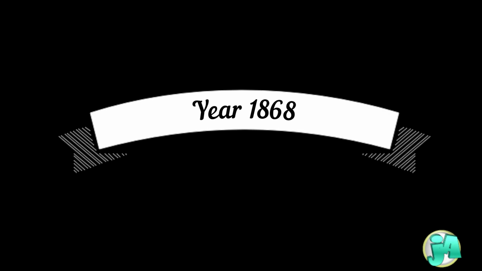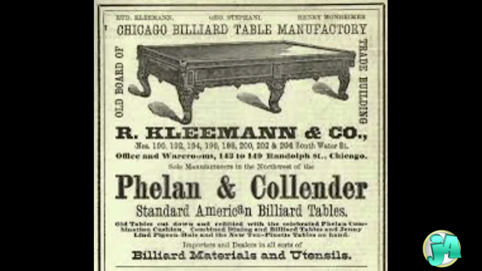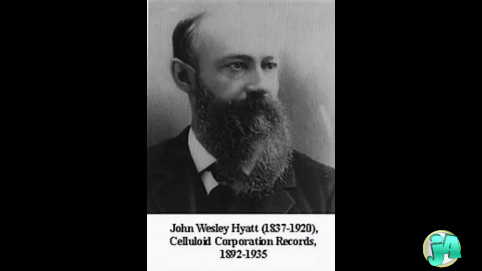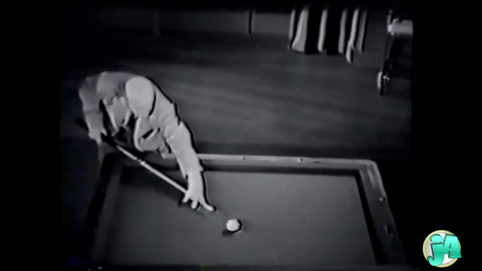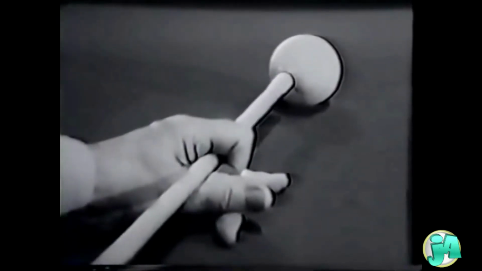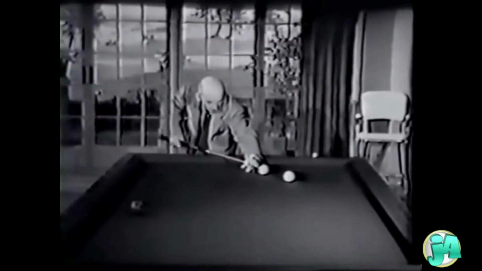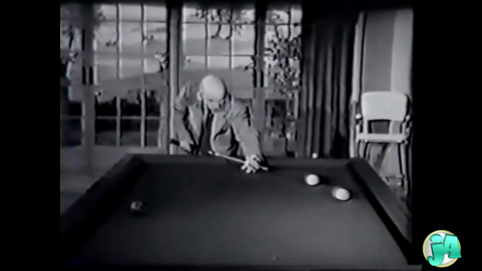In 1868, a billiard table and ball making company called Phelan and Collender tasked one of their workers, named John Wesley Hyatt, to look for a way to make billiard balls more uniform and efficient. There the plastic molding process began.